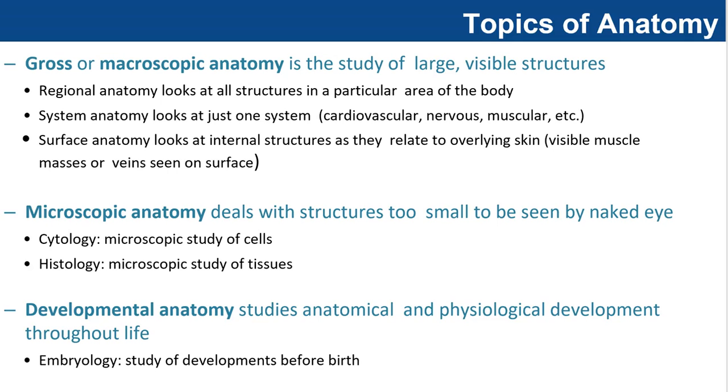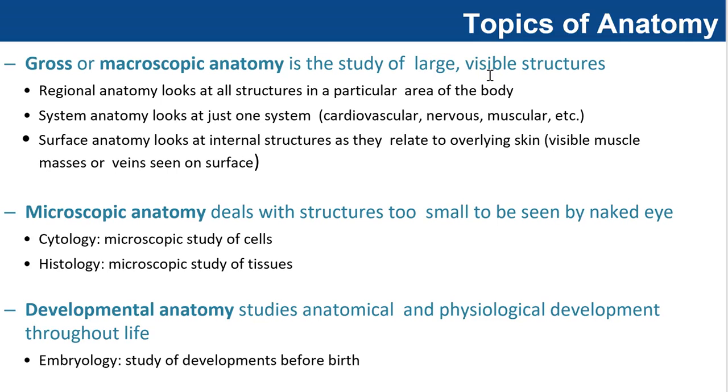There are three major types of anatomy: gross or macroscopic anatomy, microscopic anatomy, and developmental anatomy. Gross or macroscopic anatomy is the study of large visible structures.